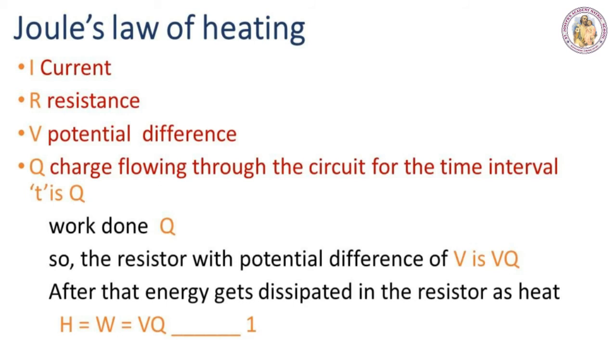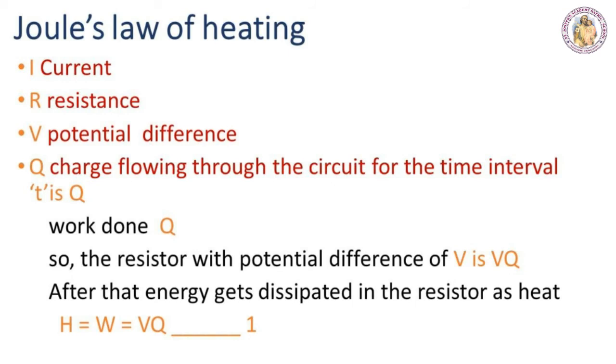Joule's law of heating. Let I be the current flowing through a resistor of resistance R and V be the potential difference across the resistor. The charge flowing through the circuit for a time interval t is Q. The work done in moving the charge Q across the ends of the resistor with a potential difference of V is VQ.